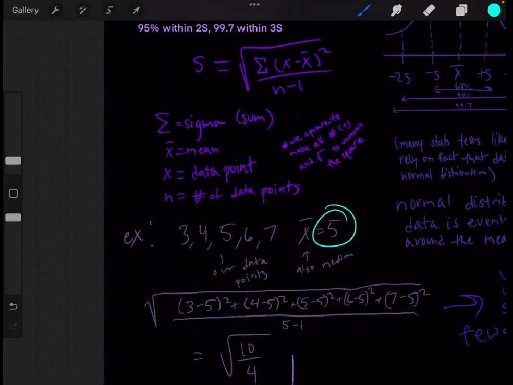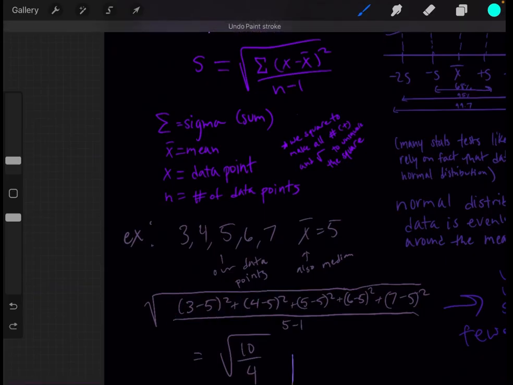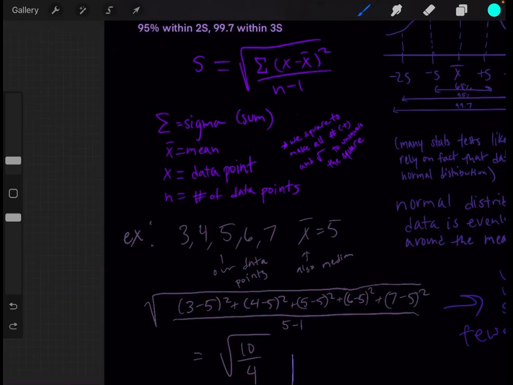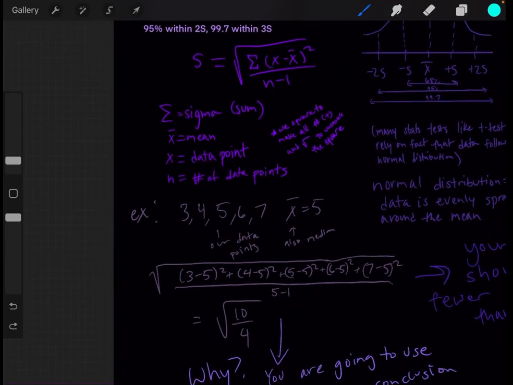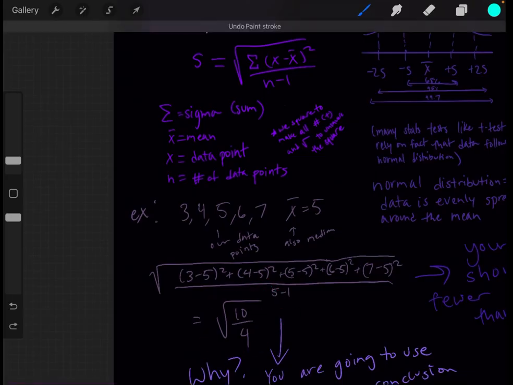That's our 5, that's our x bar. You can see that here for each point we're doing that, and then we're squaring it. Then since the sigma means to add it all together, we add them together, and then we square root it. If you do everything correctly, and on the AP Bio test you should have a calculator, so you just punch it in, you should get this number.